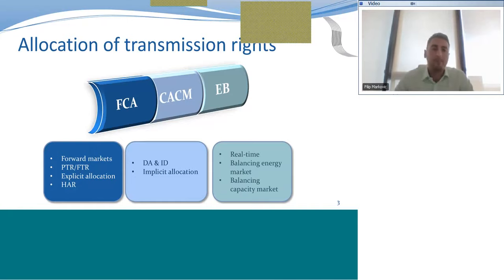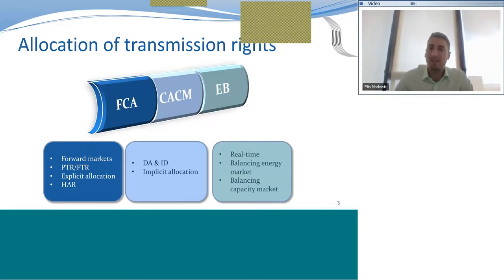These three network codes are actually guidelines, which means that they are general documents, and they foresee development of many additional documents and methodologies and so on, which makes their application a little bit more complex and time consuming. But there is also one more catch.